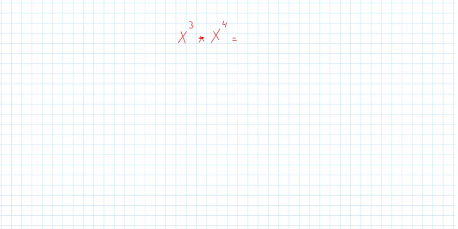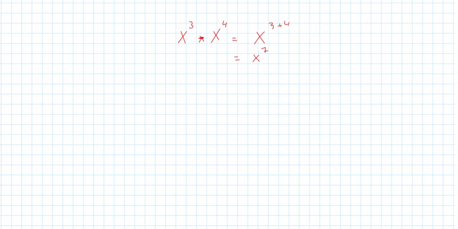I'm multiplying. Okay? So if I'm multiplying, I'm going to keep my base the same. And what do I do with my exponent? Add them. So it's 3 plus 4. So that's going to give me x to the power of 7. You're multiplying, the rule says you have to be multiplying, right? Then you add your exponents.